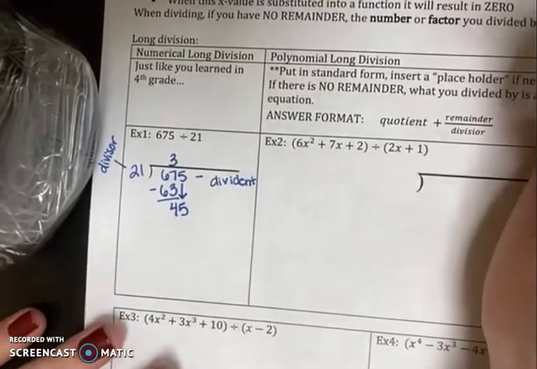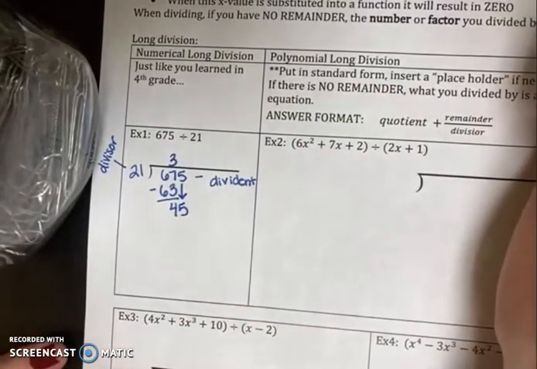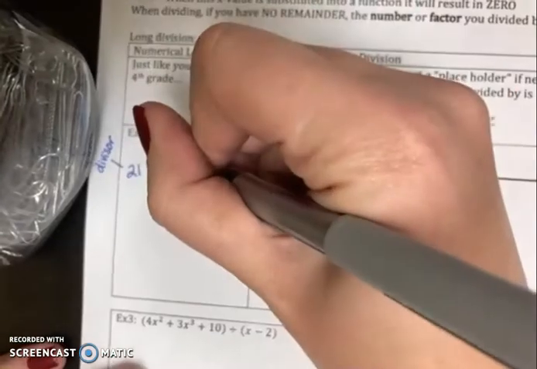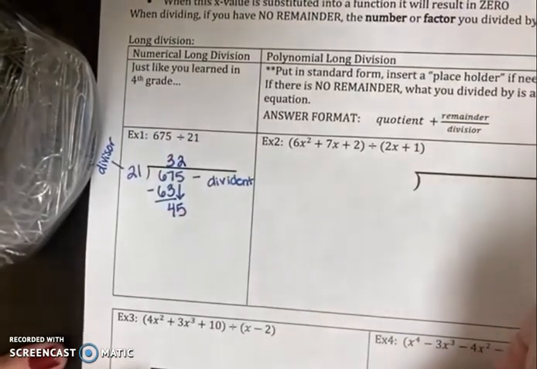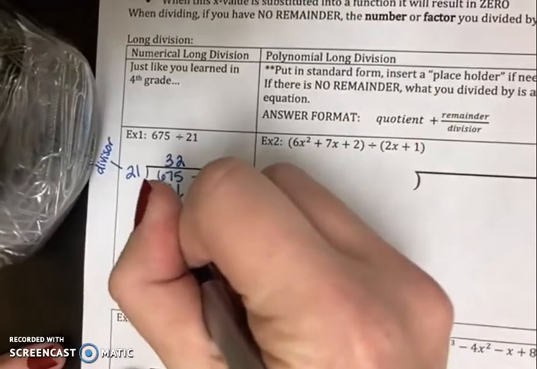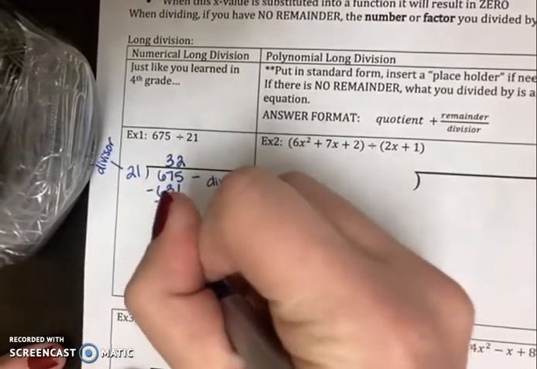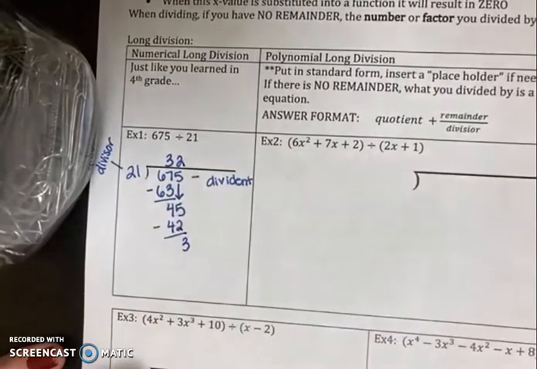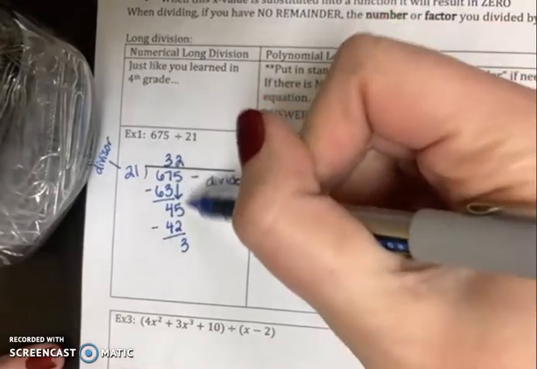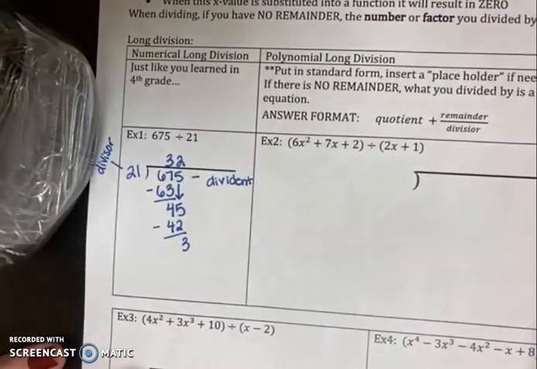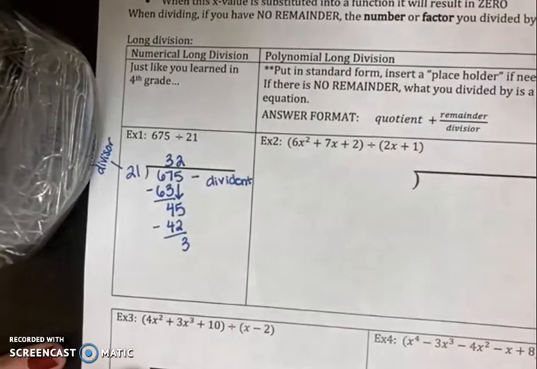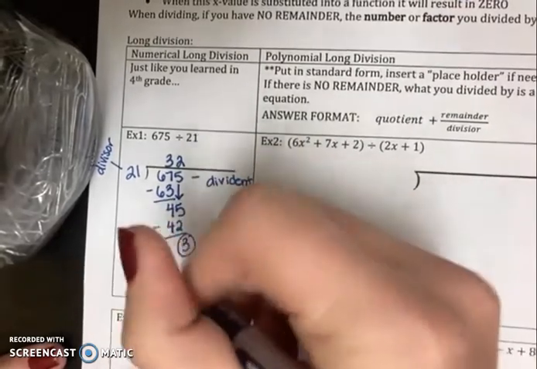So now I have a 45. And I need to ask myself, how many times can 21 go into 45? Well, that would be twice, because 2 times 21 is 42. And I'm left with a 3. I have no other numbers that I need to bring down. And 21 cannot go into 3. So 3 is what we call a remainder.